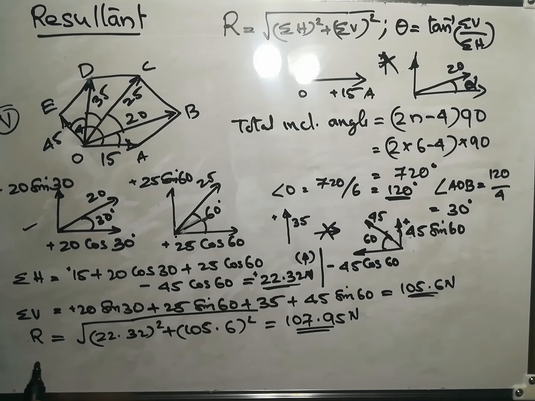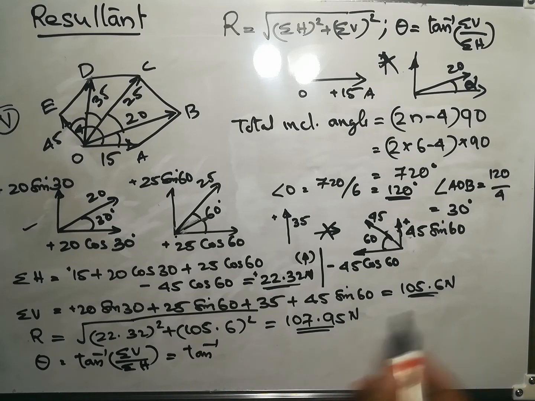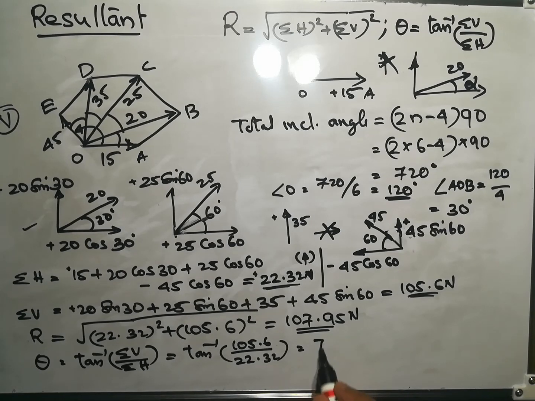Then how to find the angle theta with respect to the horizontal axis? Theta, we know the equation, is tan inverse of sigma V by sigma H. So that is equal to tan inverse of 105.6 divided by 22.32, which is equal to 78.07 degrees.